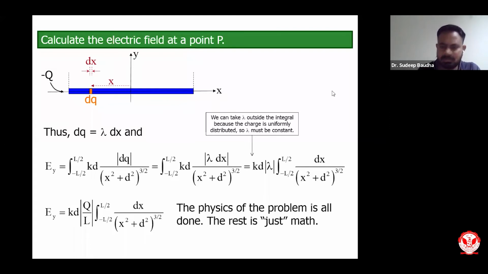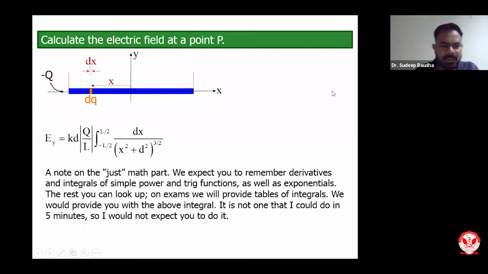So let me now quickly show you what we are saying. So just the math part is remaining. We expect you to remember derivatives and integrals of simple power and trigonometric functions as well as exponential. The rest you can look up. If you have exams and all, then you can just mug up things and try to do it. It will take some time, but I hope you are capable enough to do the mathematical calculations of integration and differentiation.